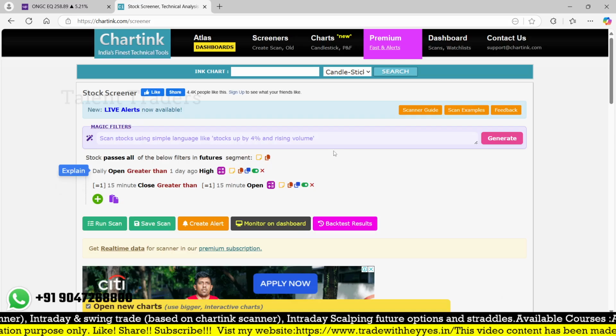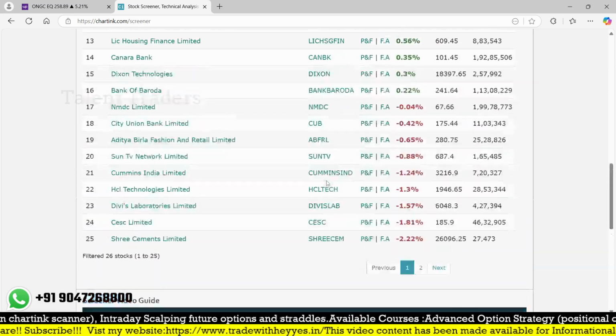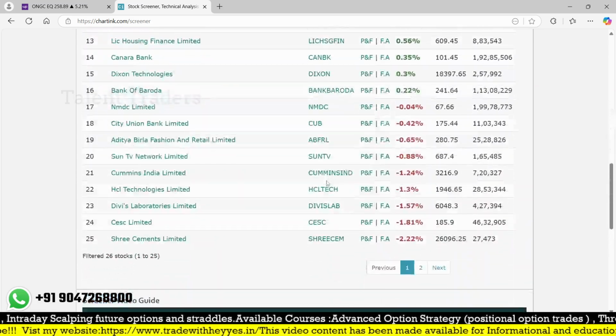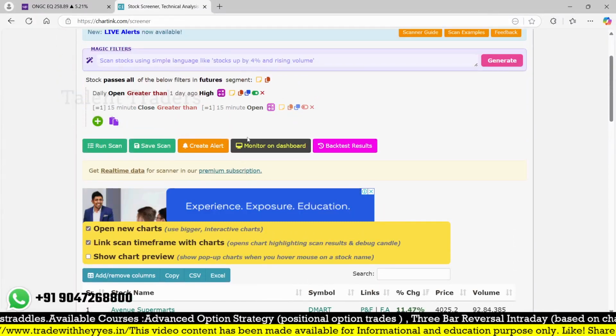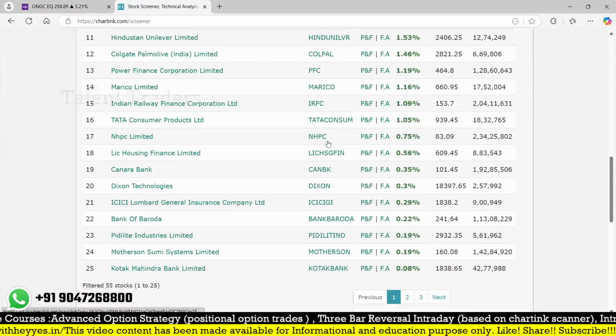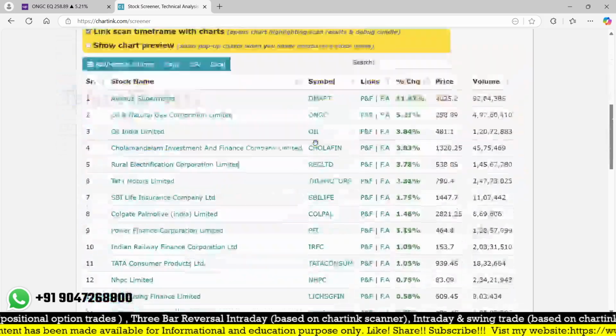This will simply tell you about the technical gap opening. Among 55 stocks, now we are filtering down to only 26 stocks. Previously, without these conditions, we were finding almost 55 to 70 stocks. Now it is 26 only, and this will help you.